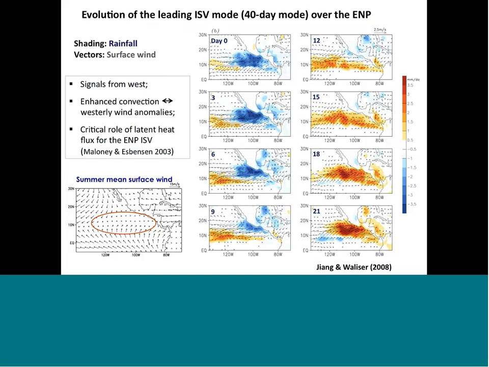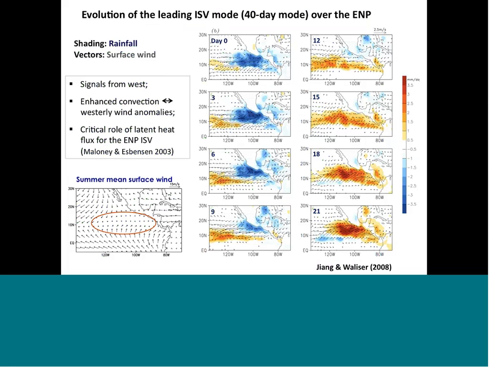So this is the following 2 slides. I will try to very briefly introduce you the characteristics of the intra-seasonal variability of the Eastern Pacific based on observations. So on this slide, the right panel, the plot shows the time evolution at every 3 days interval, the anomalous rainfall, which is shaded.